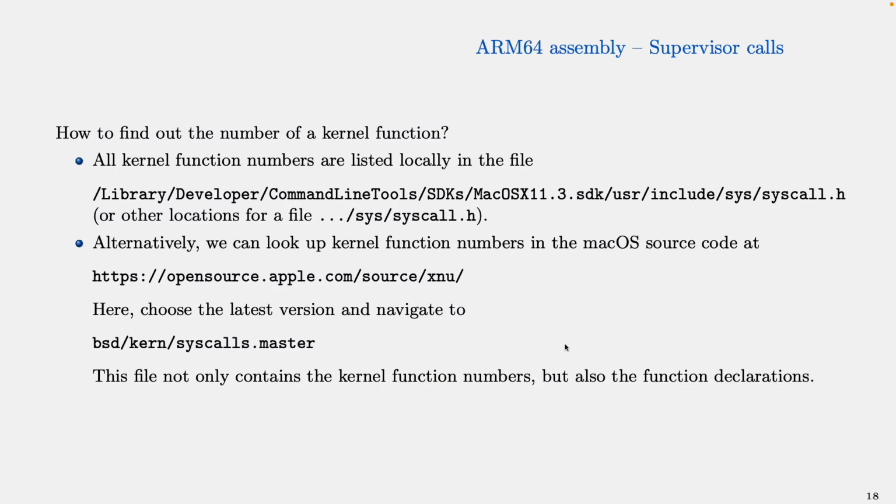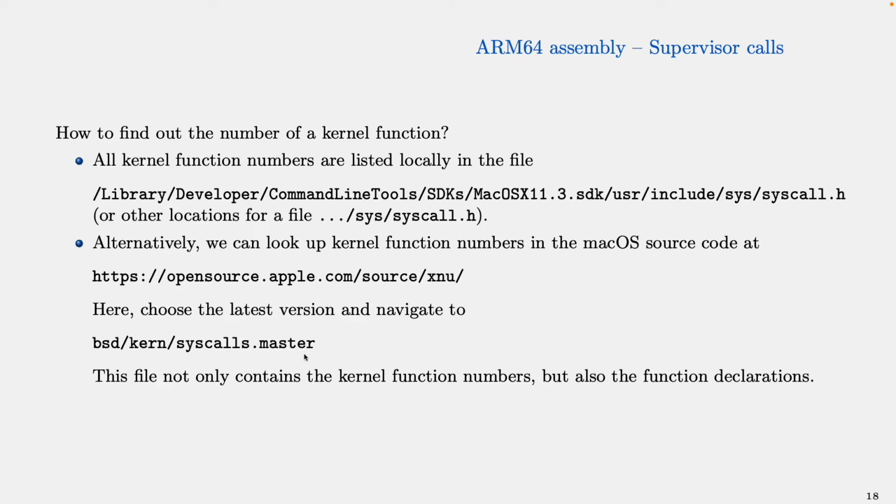Alternatively, you can look up these codes on the web, because Apple actually supplies the source code for its operating systems, at least some not completely recent versions. The latest version that I'm using apparently is not available, but you can navigate to this internet address here, and then you get the source tree of macOS, and there you can navigate to the subdirectory bsd/kern/syscalls.master.